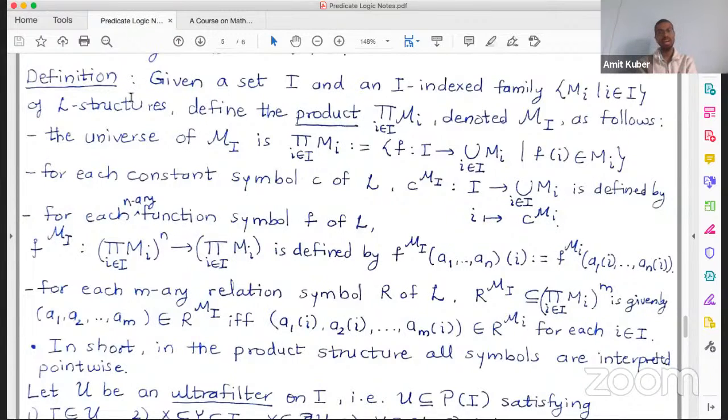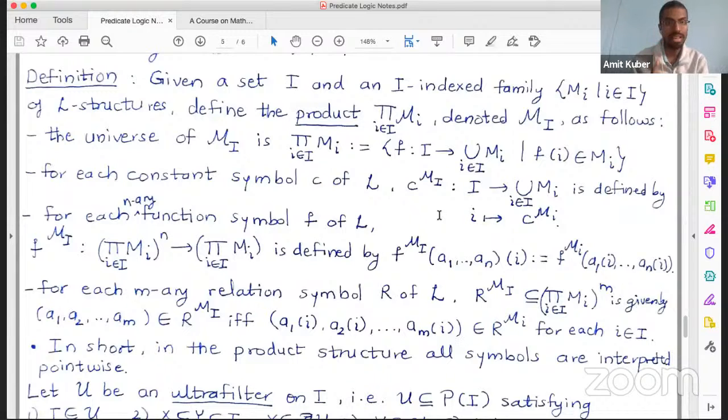I'm starting with an arbitrary first order language L, and first order structures M_i, an I-indexed family where I is a set. The product structure is defined by pointwise operations, pointwise function symbols. A constant symbol is the tuple consisting of its interpretations, and n-ary relation symbols are also interpreted pointwise. Please go through that yourself.